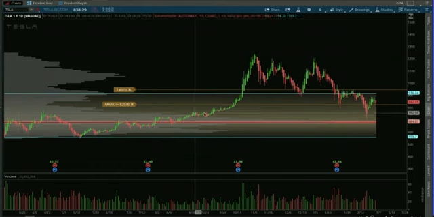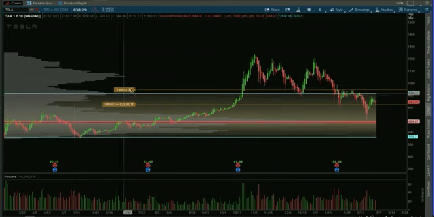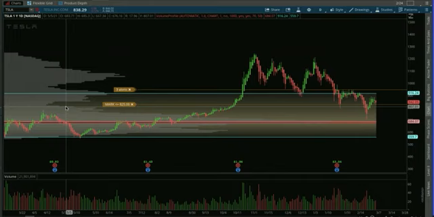And that's what we call these gray areas right here. This is a shelf, this is a shelf, and so is this one. When you just look at those areas, you can see where support and resistance is, because that is actually where people put their money.